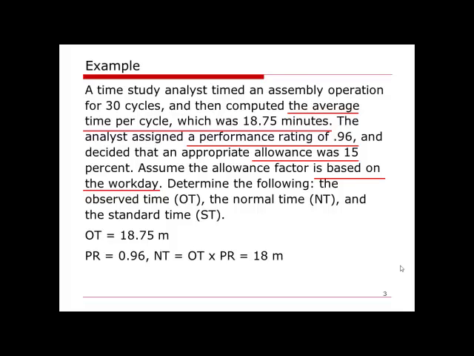So we have A equals 15%. However, the allowance factor is determined by 1 divided by 1 minus A. Basically, it means during any working day, only 85% of the time will be used to work. So the standard time will equal 21.18.